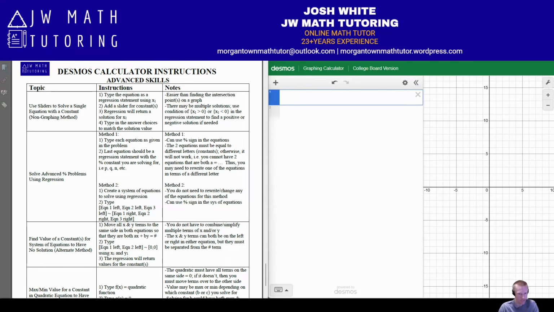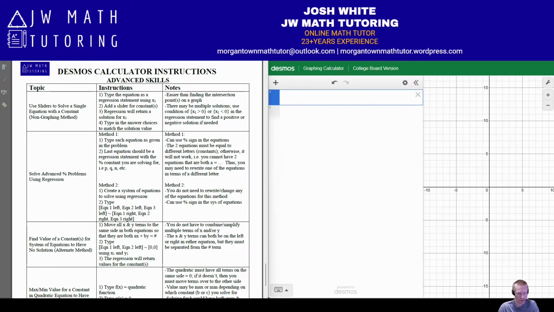So that's why I don't say standard form here, but just move all the x and y terms over to the same side, either both on the left or both on the right, and they can be different for the two equations. One of them can have them on the left, the other can have them on the right. That's fine. And then you're going to solve a system of equations using regression, but you're going to set them both equal to 0. And the regression is going to return the value of the constant or constants.